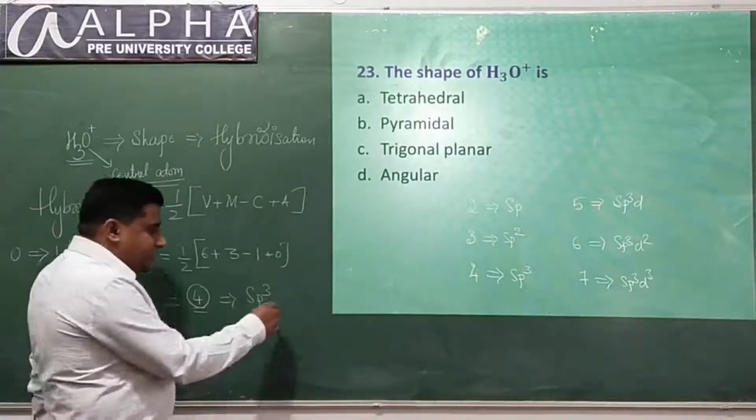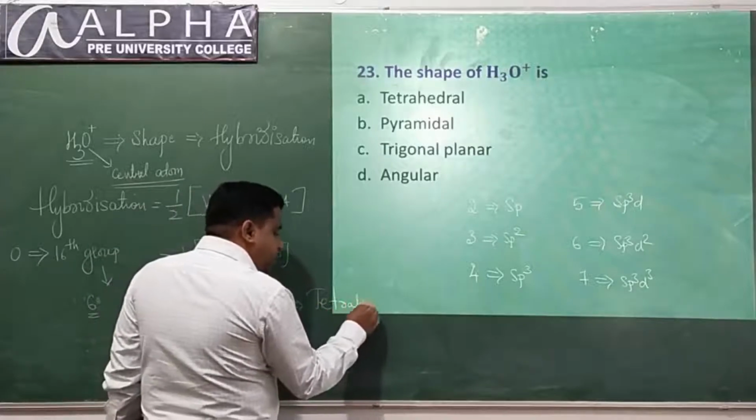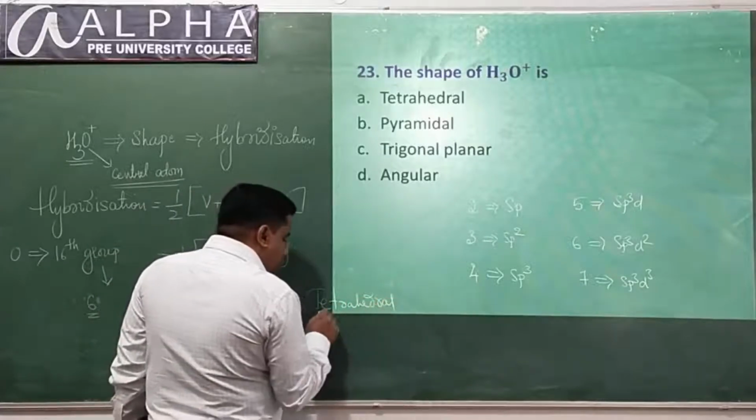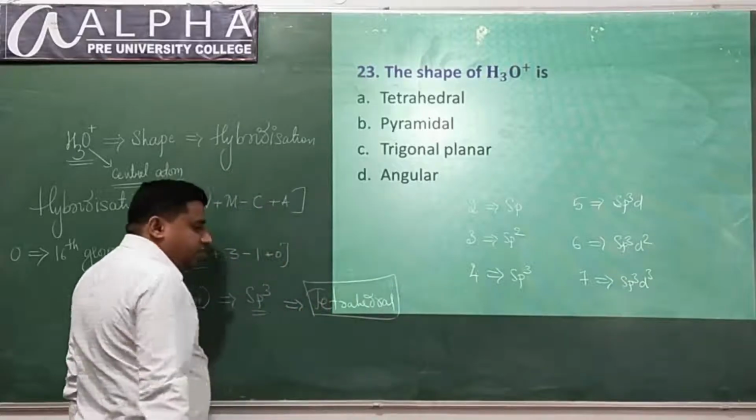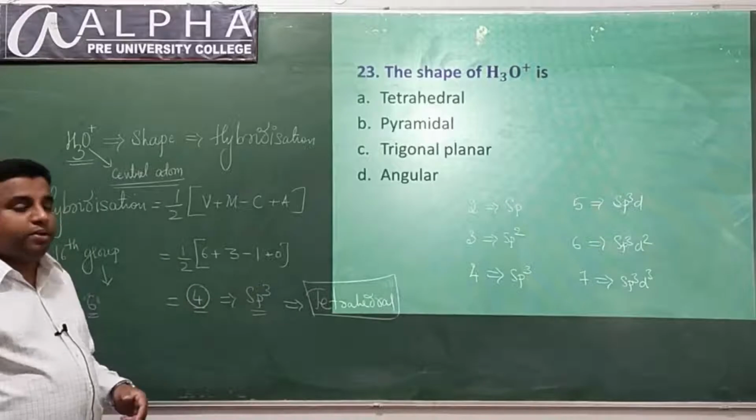Does it mean it is tetrahedral in shape? Now, to say it is tetrahedral, I have to check whether it is regular or irregular geometry.